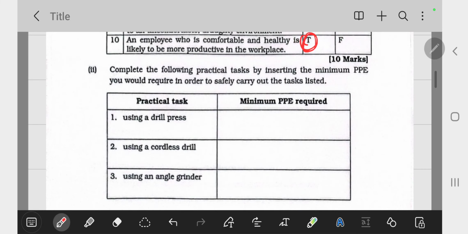Then the last question here is saying, complete the following practical task by inserting the minimum PPE you would require in order to safely carry out the tasks listed.